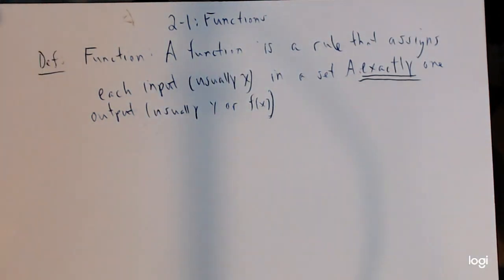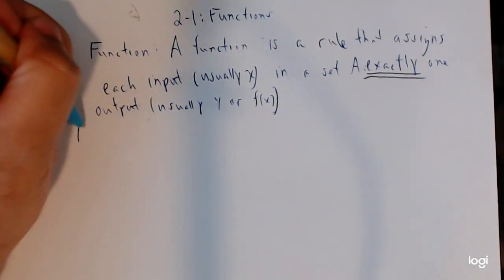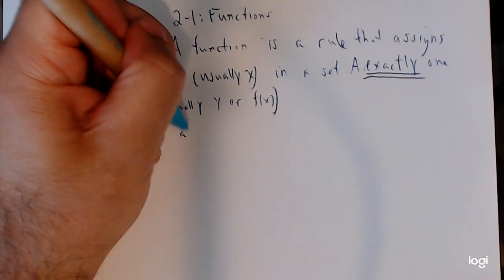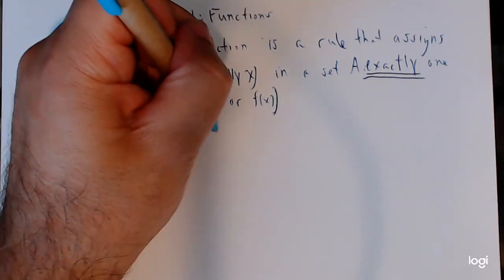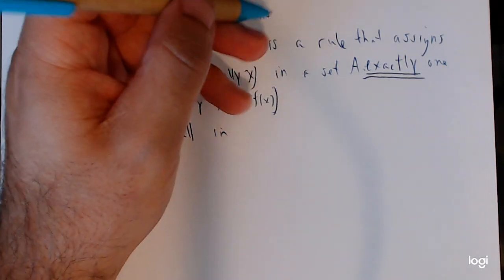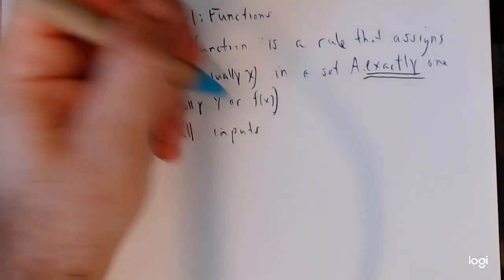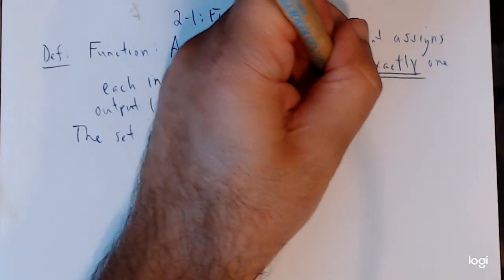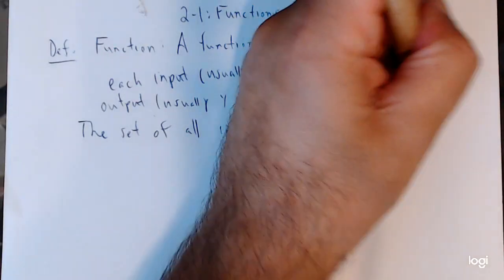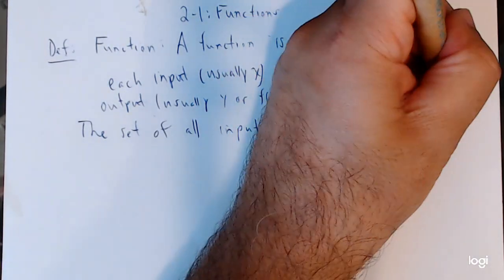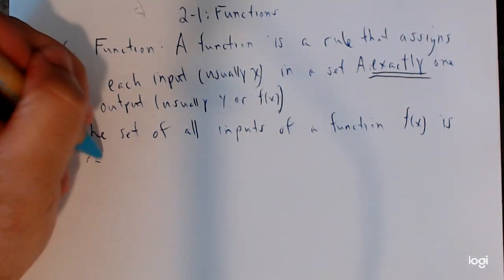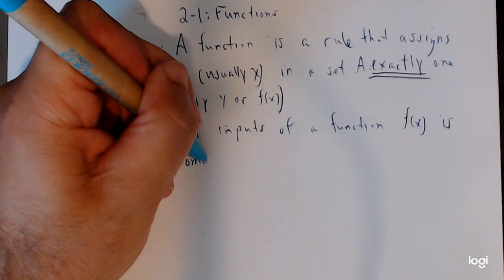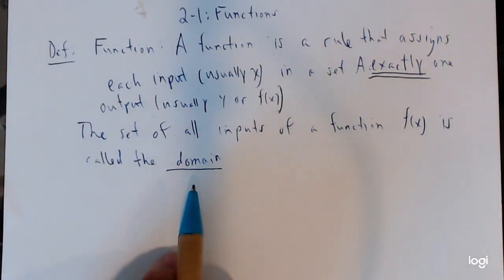So then let's define some more things here. The set of all inputs of a function f of x is called the domain, which I'm sure you talked about quite a bit last year, right?